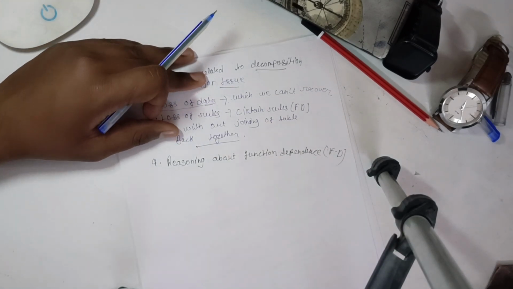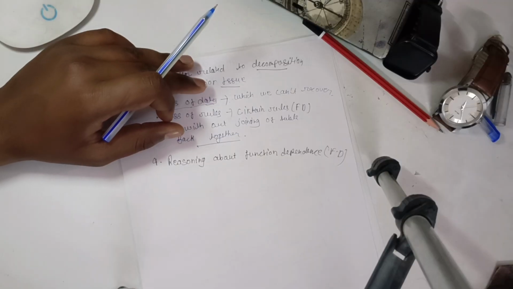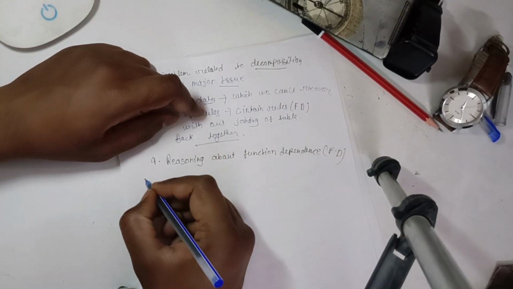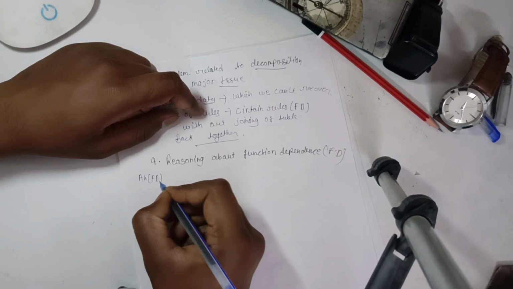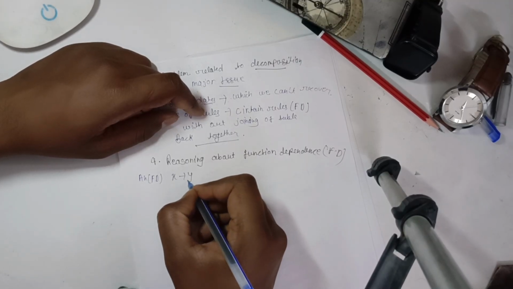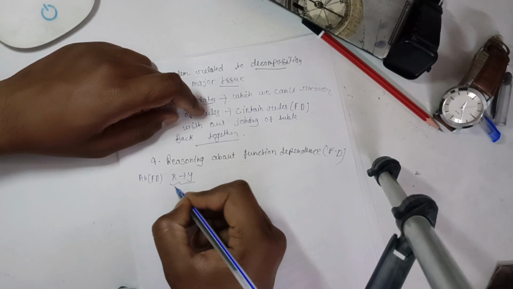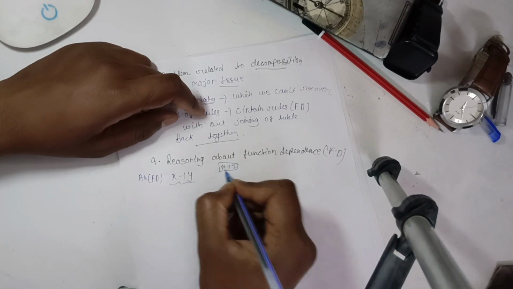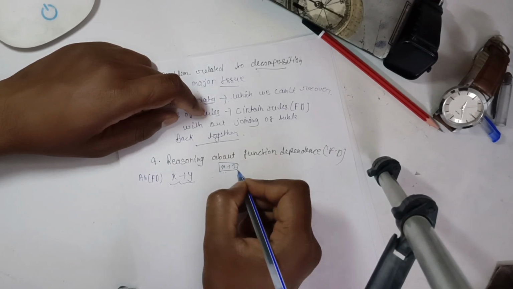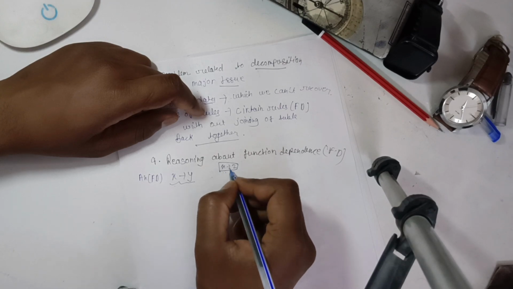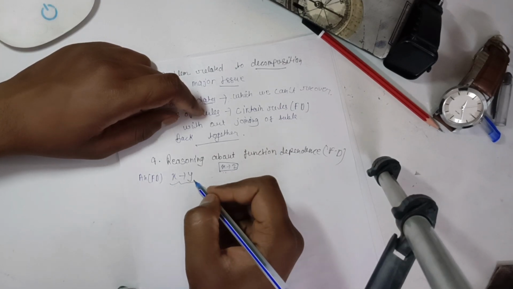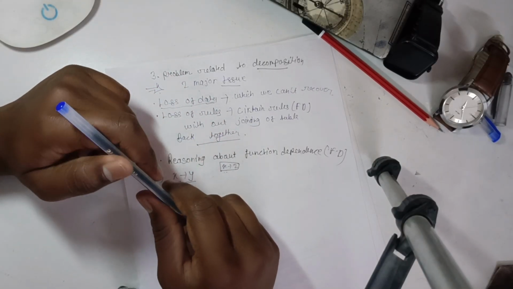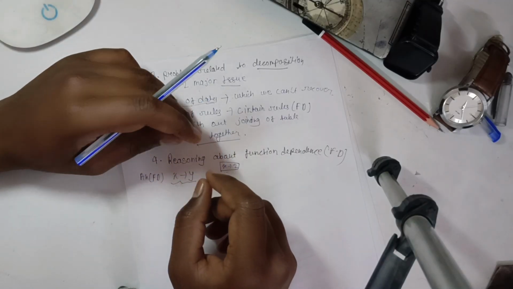Basically, a functional dependency is written as X tends to Y, which simply means, if you know the value of X, suppose X is 2, so if we put the value 2 in place of X, then we will get the value of Y. So if you know the value of X, then I can definitely tell you the value of Y. I hope you all have understood.